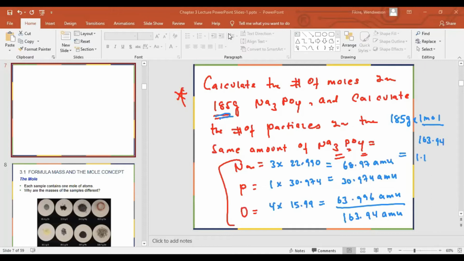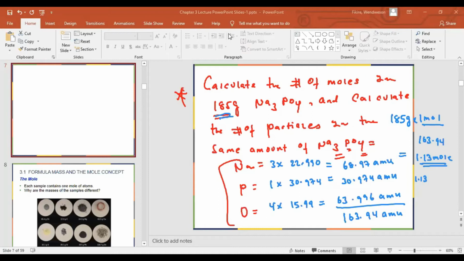Okay, I agree. Go ahead. So that is how many moles we have in that 185 grams of sodium phosphate. And then to find out how many particles, we have to multiply 1.13 times Avogadro's number.